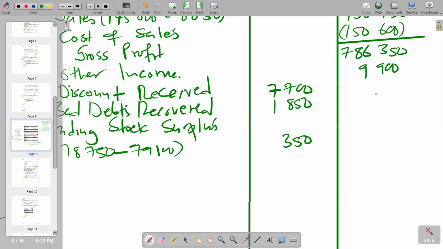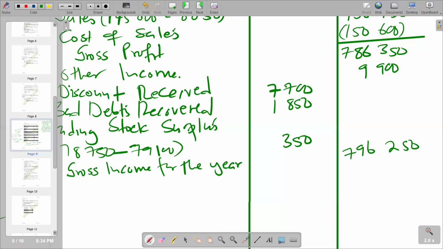So if you add the two, the answer that is supposed to come here is 796,250. And the description here we are saying is gross income for the year.